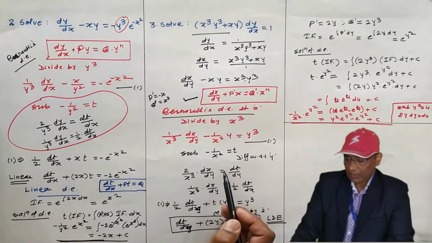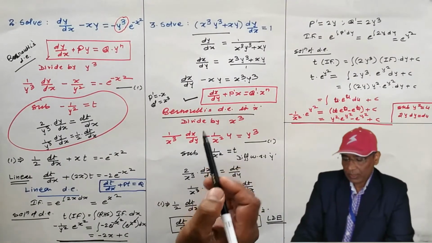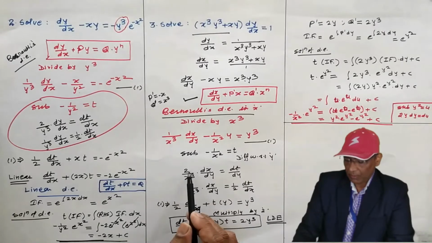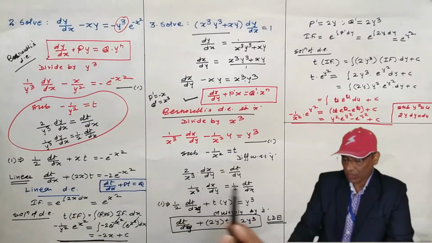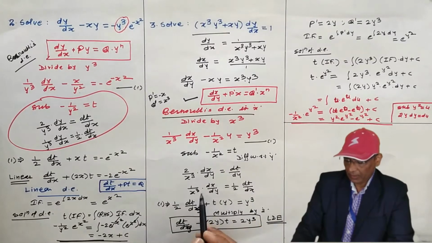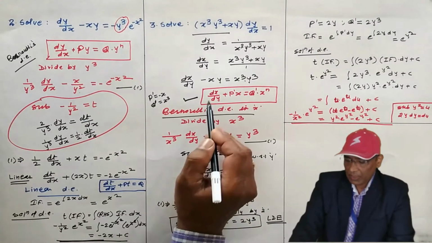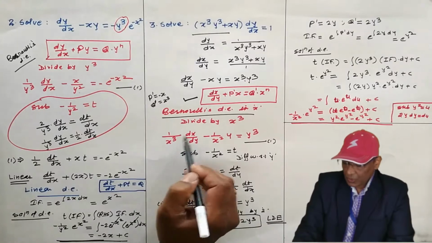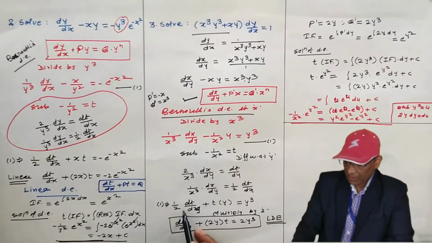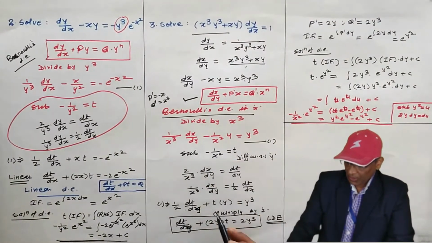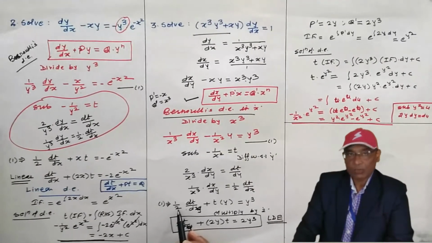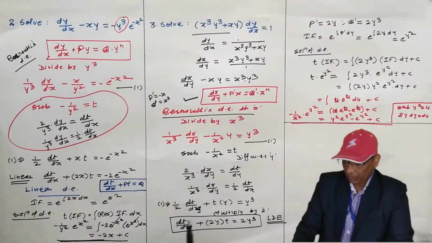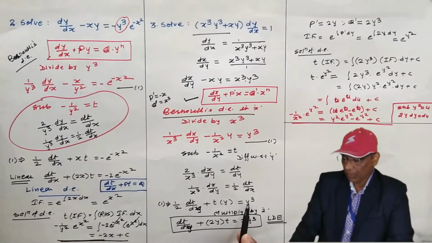Once you take derivative, the variable component gets repeated: 1 by x cube dx by dy. This 2 is unwanted, you can shift it to the right hand side. Then 1 by x cube dx by dy is replaced by 1 by 2 dt by dy. Minus 1 by x square is t, y is as it is, y cube is as it is. Multiplying by 2, we get dt by dy plus 2y t equal to 2y cube.